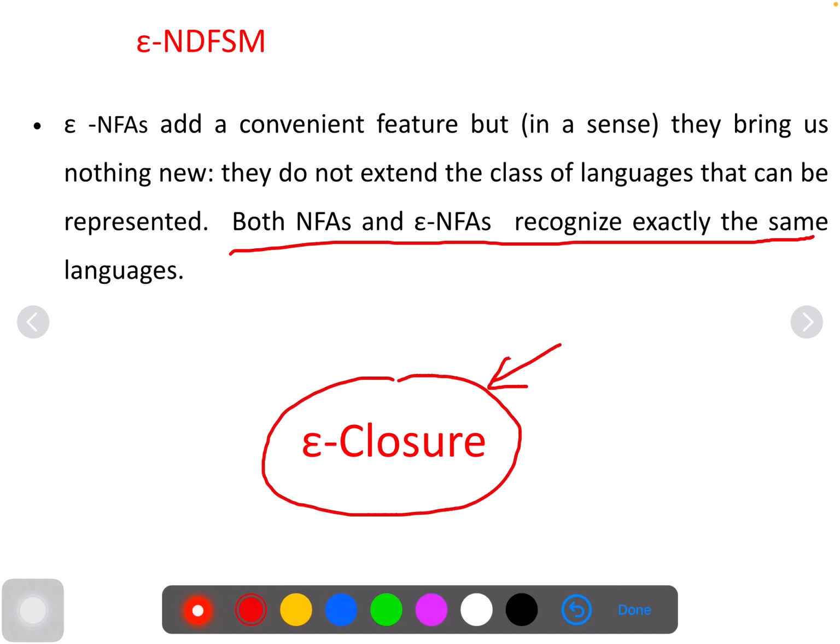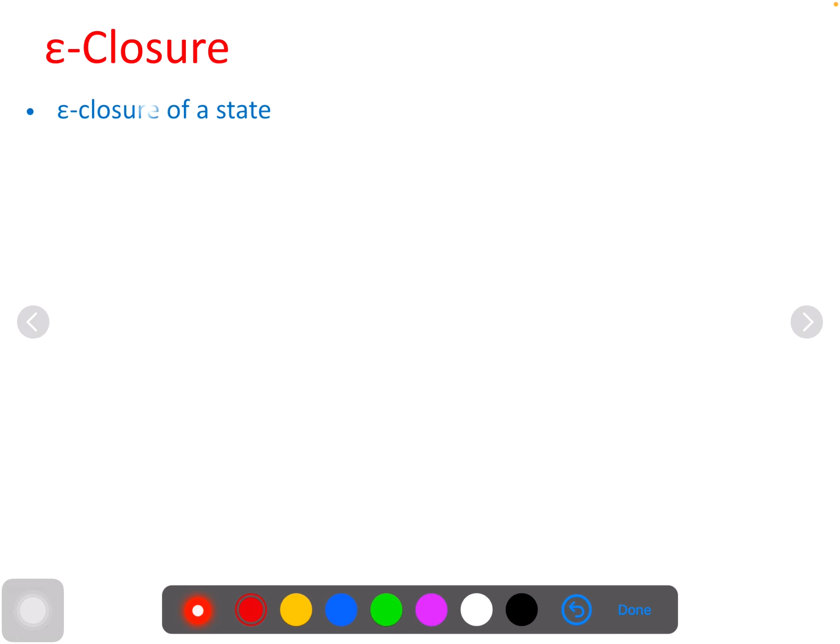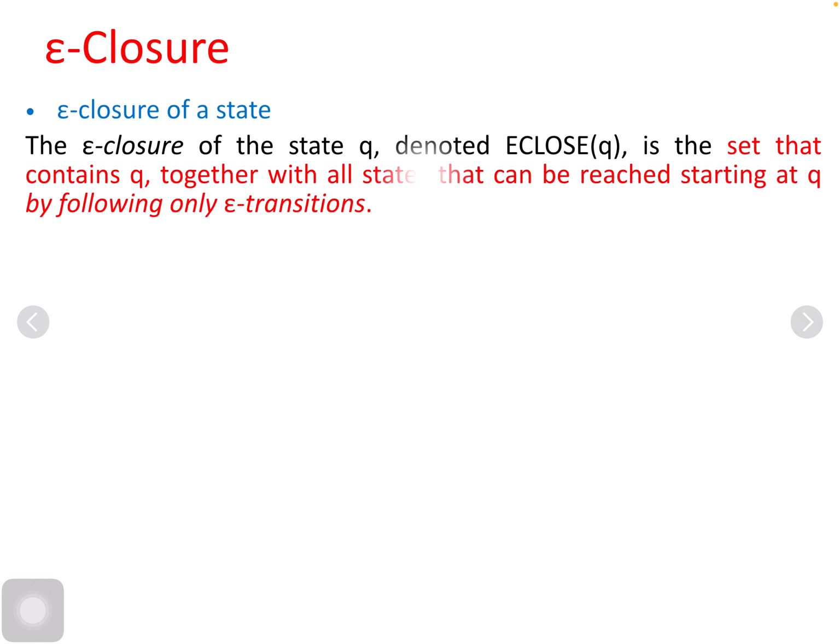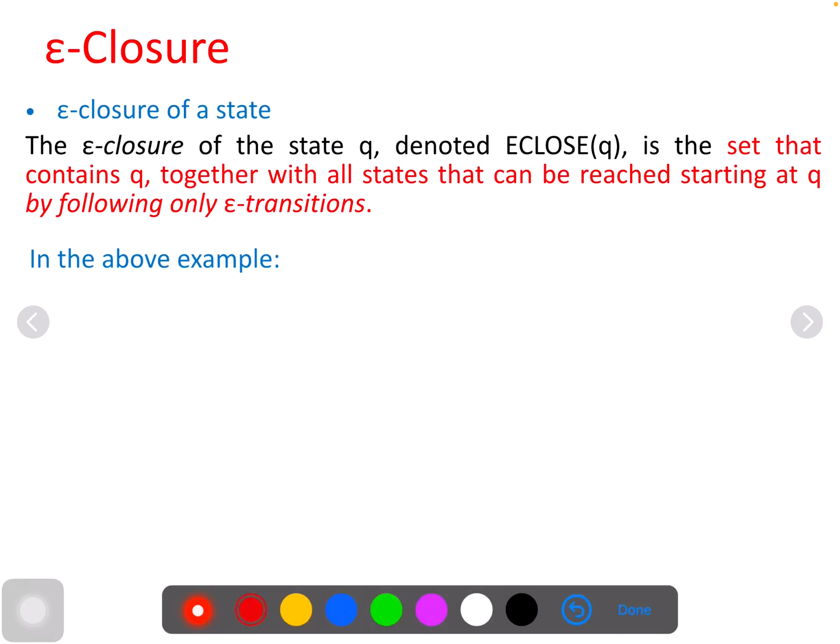So epsilon E-closure is a set of states which are reachable from Q without taking any input, then it is called an E-closure.